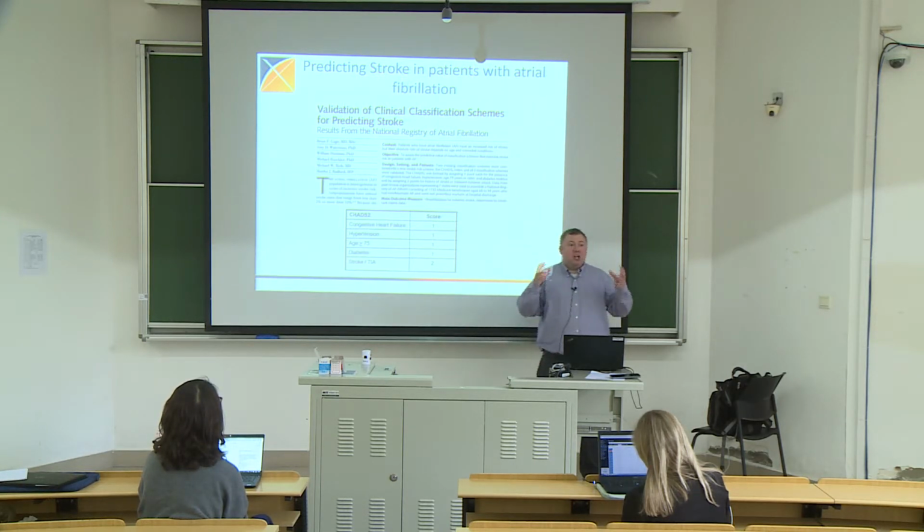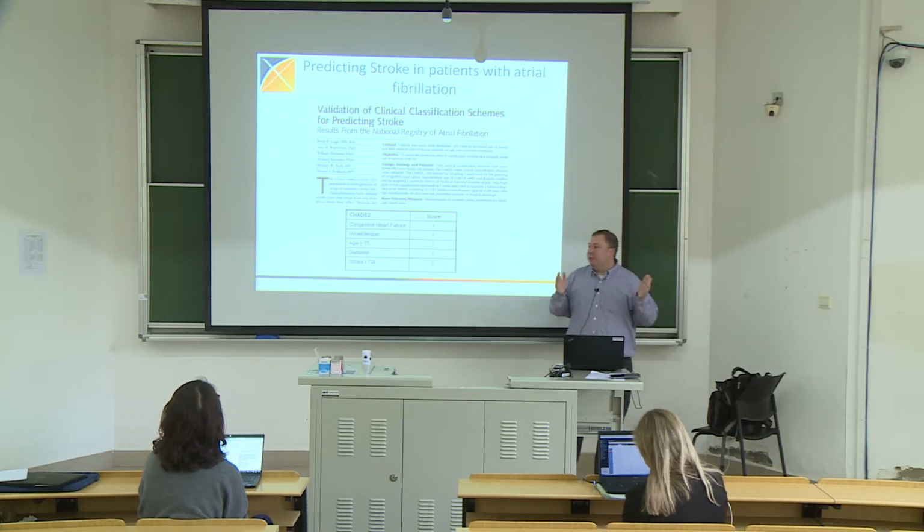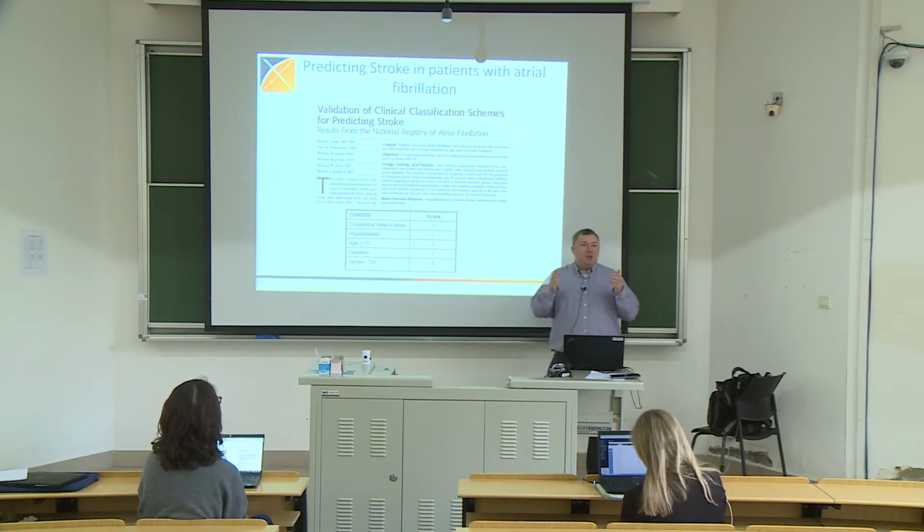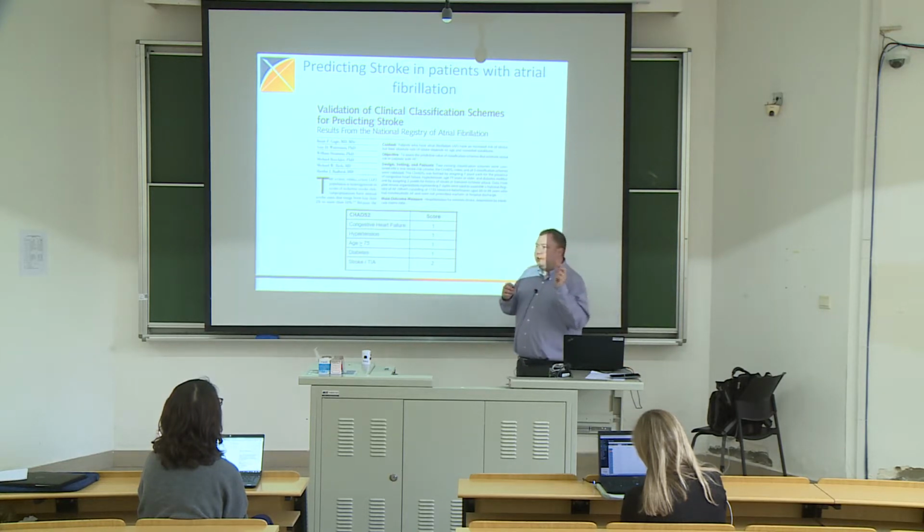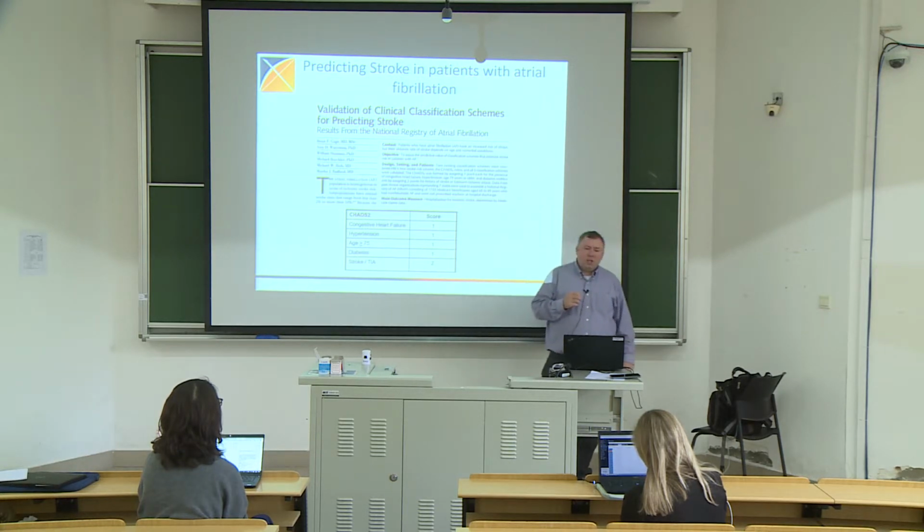Specifically, they took claims data from the United States, and they made a cohort of patients who had atrial fibrillation, and they used the medical history of the people before they had atrial fibrillation to predict which of those patients in the future got a stroke. Now, they did a very, very simple model.